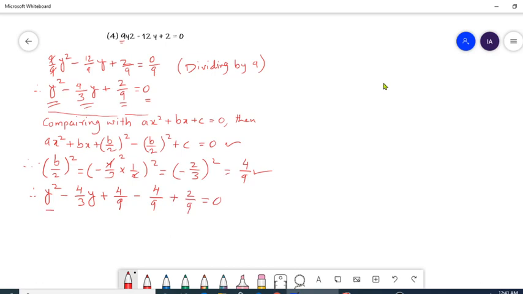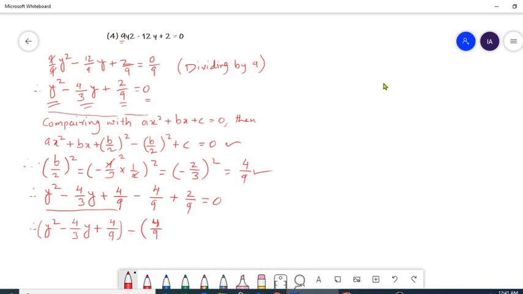Now the first three terms can be taken together. So it will become y square minus 4 by 3 y plus 4 by 9, and the other is 4 by 9.